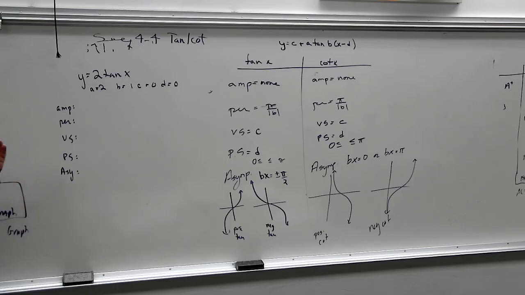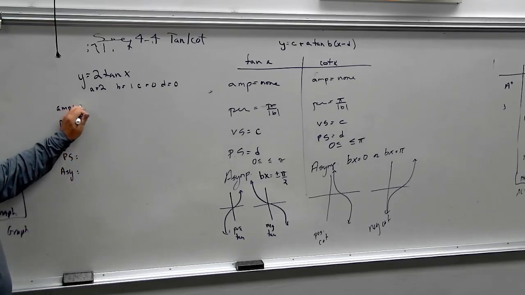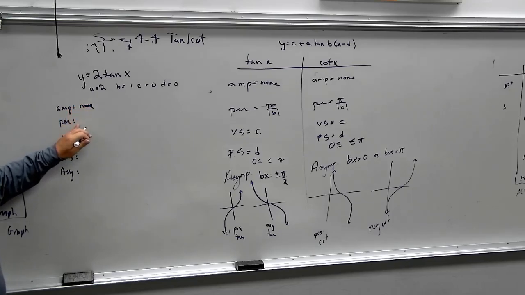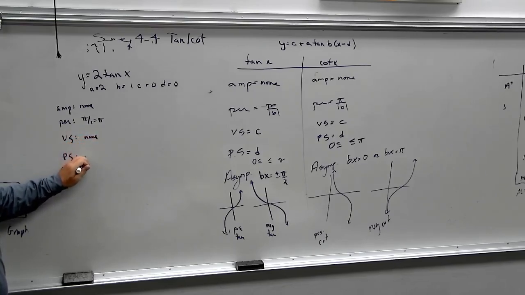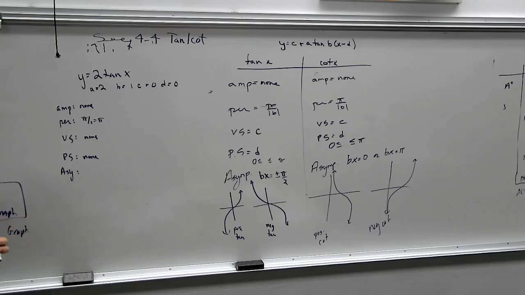All right, what's our amplitude? 0 or none. Our period is pi divided by 1, so it's pi. Our vertical shift is none, and our phase shift is none. We do have to calculate our vertical asymptotes.